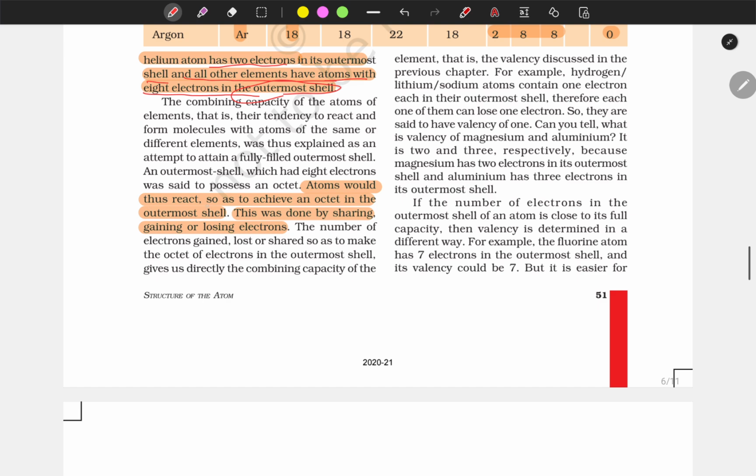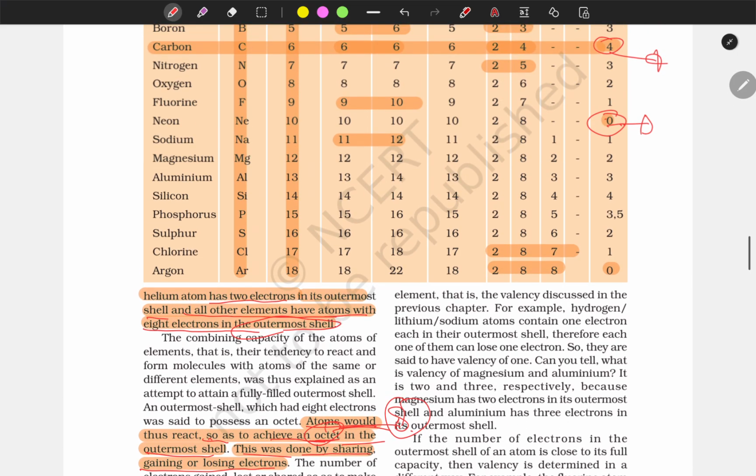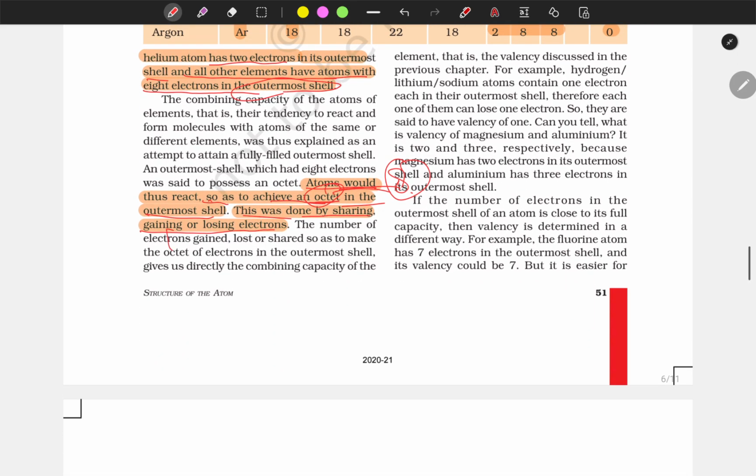Atoms would thus react so as to achieve the octet. Octet means 8 electrons in the outermost shell. This is done by sharing, gaining or losing electrons. They share, gain, or lose electrons to achieve the octet.